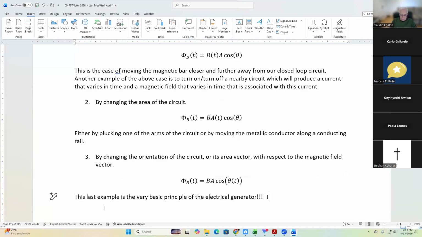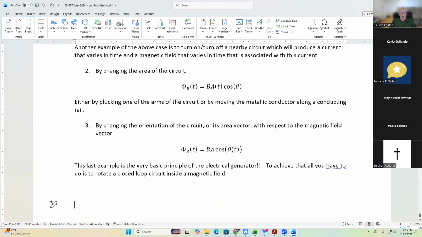To achieve that, all you have to do is rotate a closed loop circuit inside a magnetic field.